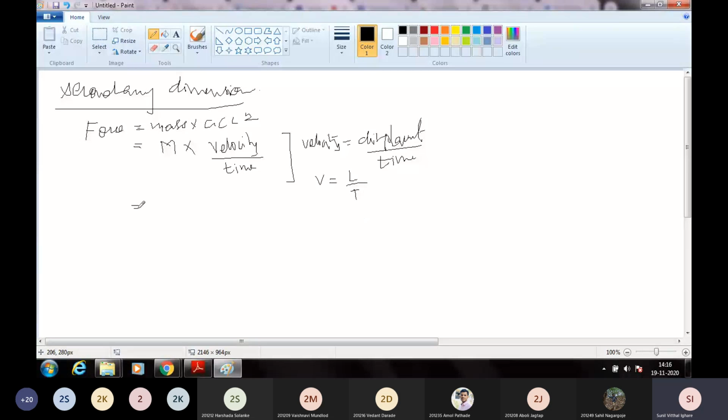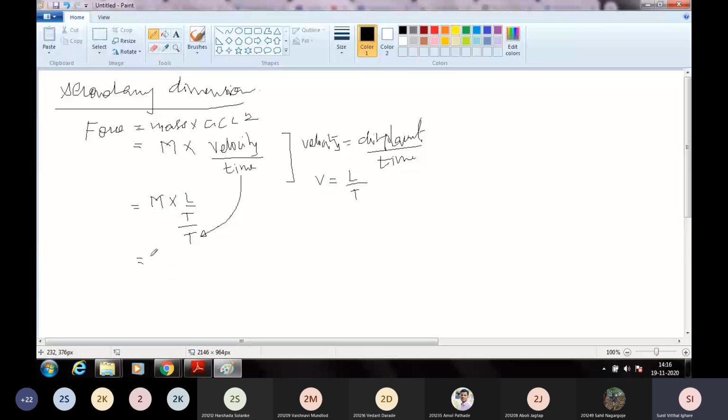So can I put this value in the term, that is M into velocity, L divided by T, divided by T again, that is time. I just put the values here.